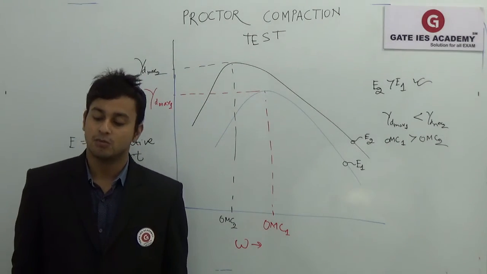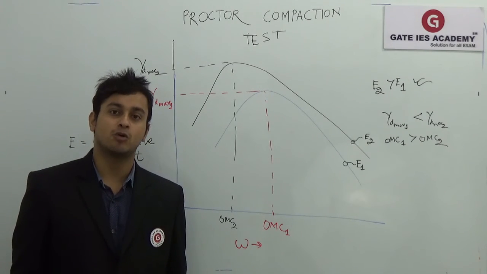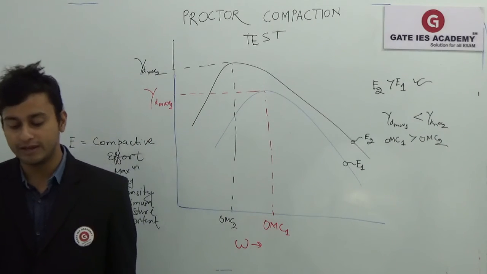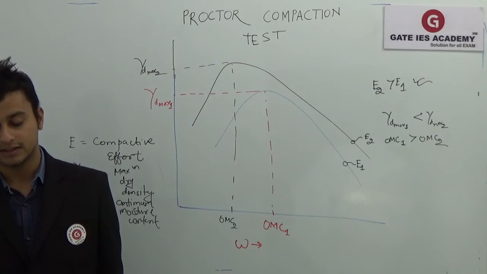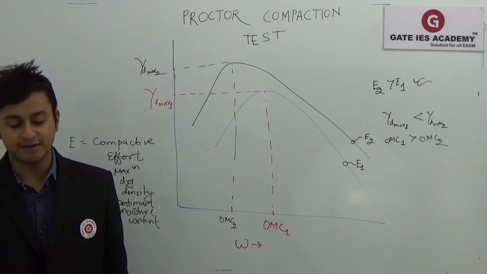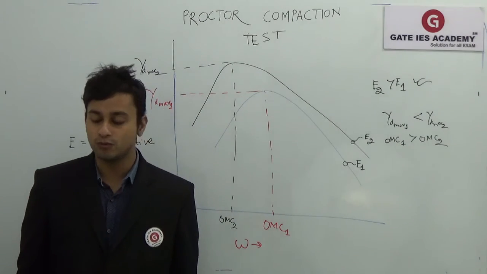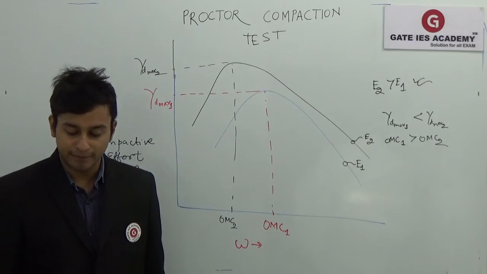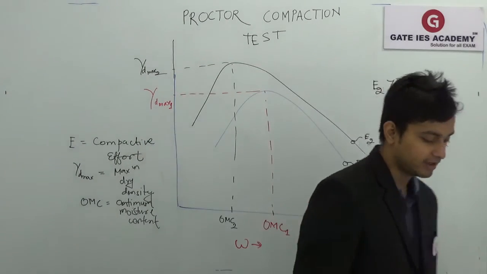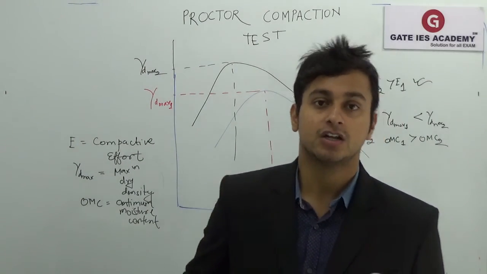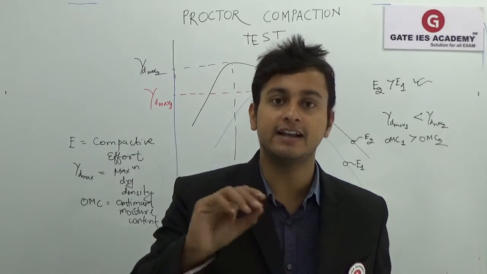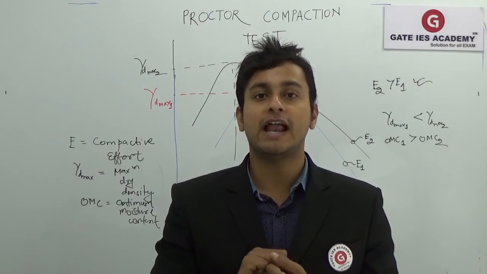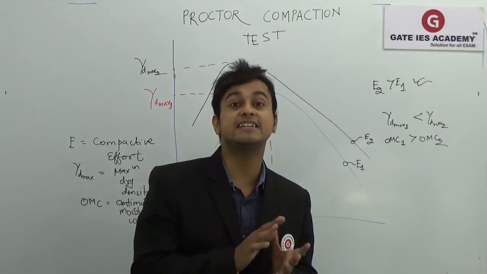As moisture content increases, because of lubrication, the soil particles can easily move and become densely packed. This is what I'm saying. Initially, when a small amount of water is added, the soil particles move easily and freely, they are lubricated now. So they will move to a denser state.